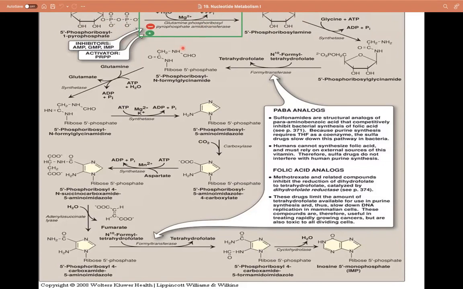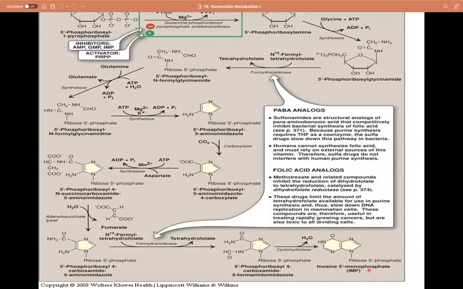Now, every rate limiting step has factors that inhibit it or factors that activate it. What are the factors that activate this step? The factors activating it are an excess of PRPP. So a lot of phosphoribosyl 1-pyrophosphate is going to cause activation of this step, producing more phosphoribosylamine. But the opposite, let's say there's an increase in AMP, GMP, or IMP. Notice at the very end, IMP is being produced.